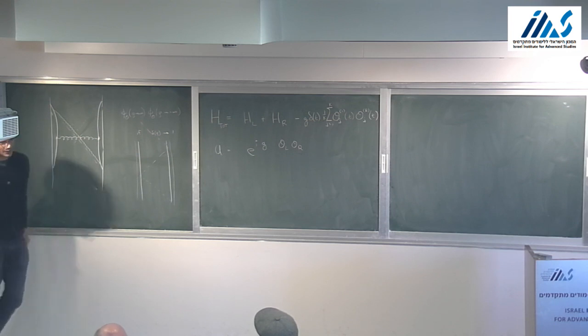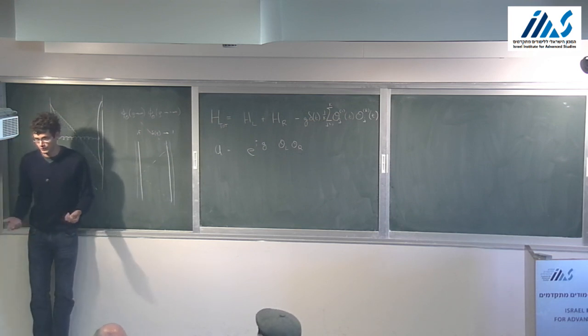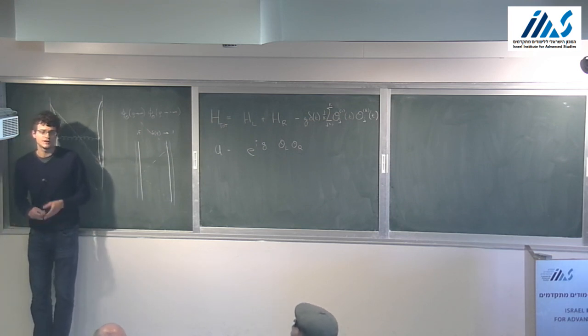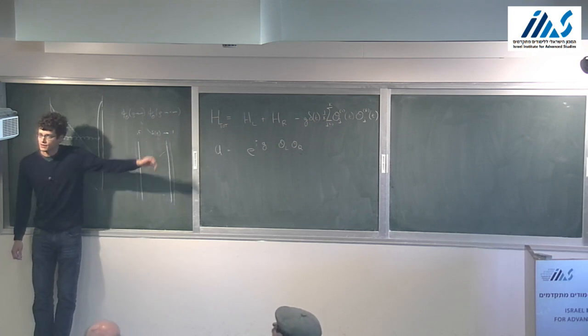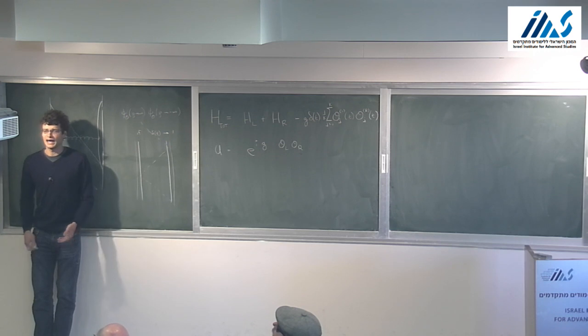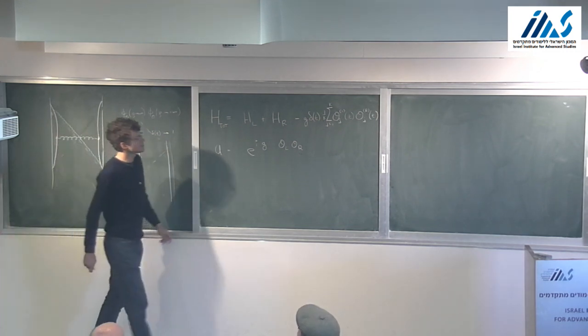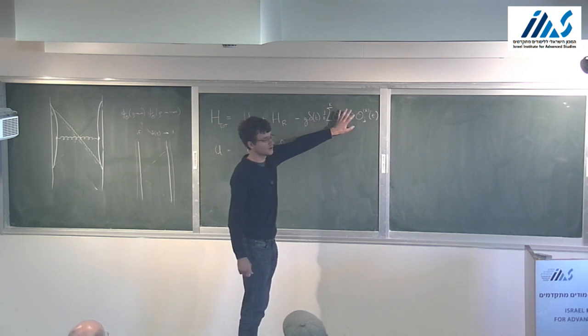One way to see why it's irrelevant is the following. Let's imagine that in the bulk we had two different types of fields. We had fields related to these O operators, and then we have some other fields. Let's call them chi. And the O and the chi fields, let's say that they're not interacting except through gravity. What we're going to do is add to the Hamiltonian this term involving only the O fields, but not the chi fields.